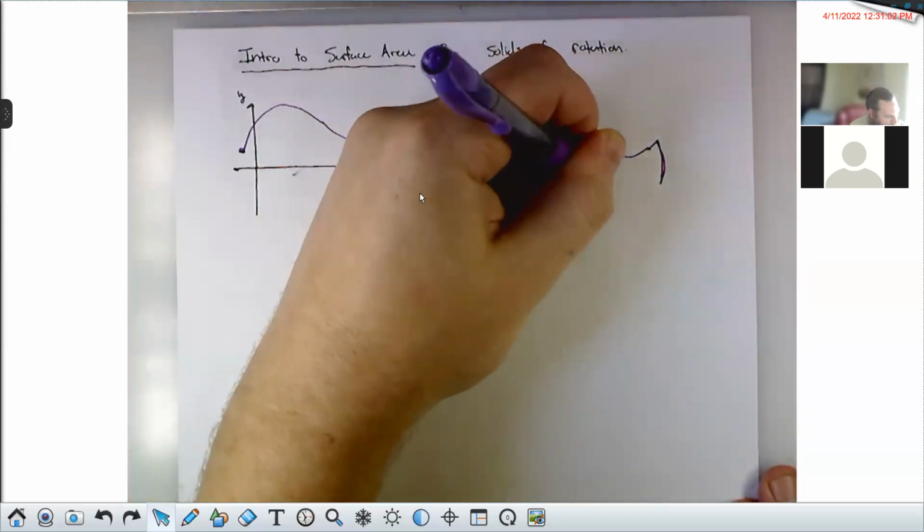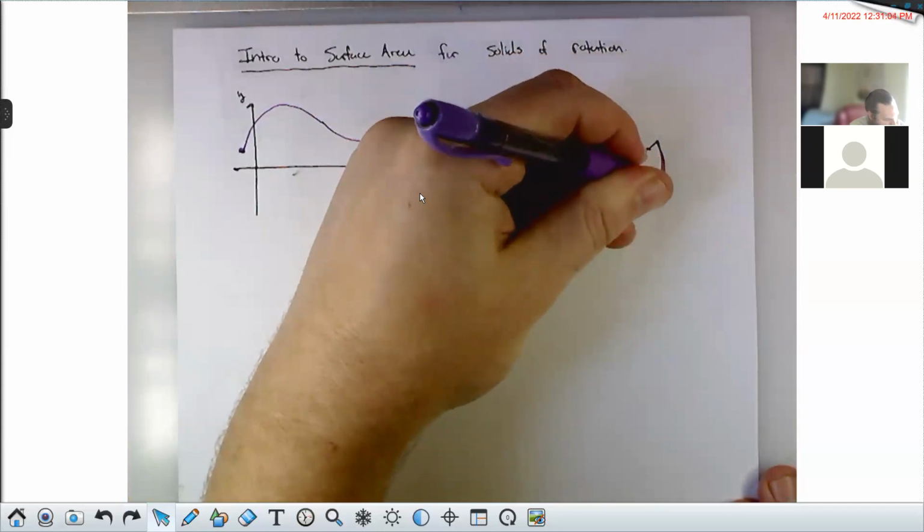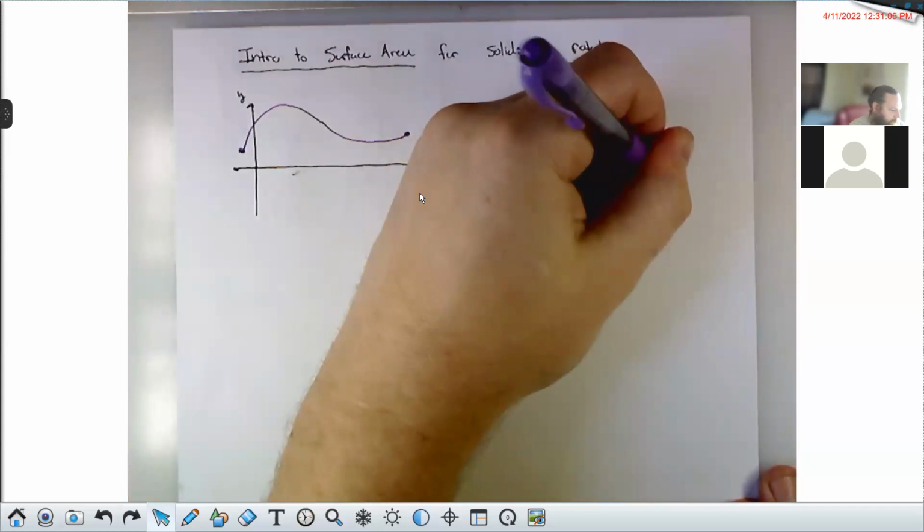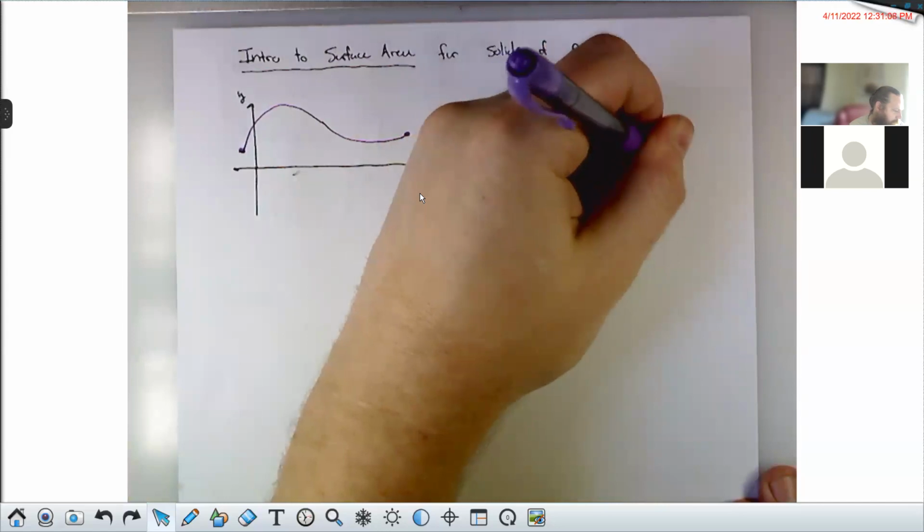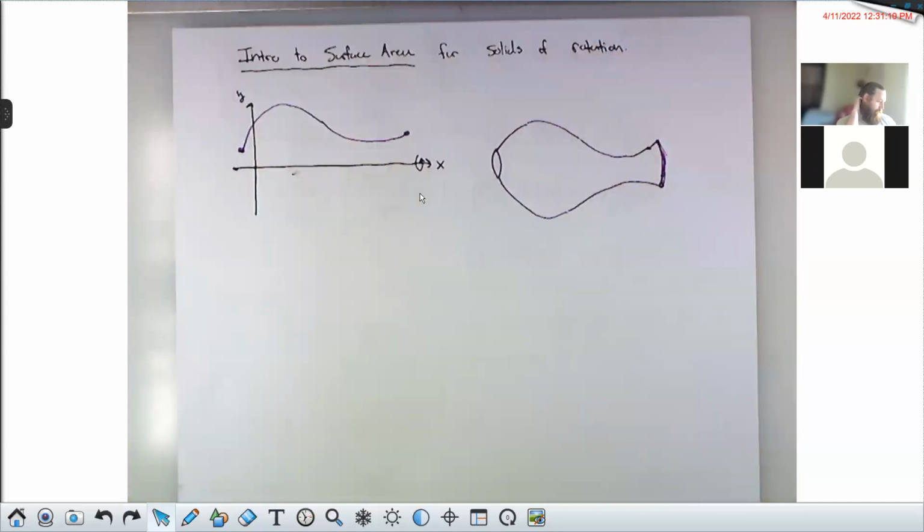I know, modulo my bad art. Something like this. Like a flower vase. And I want to find the surface area.